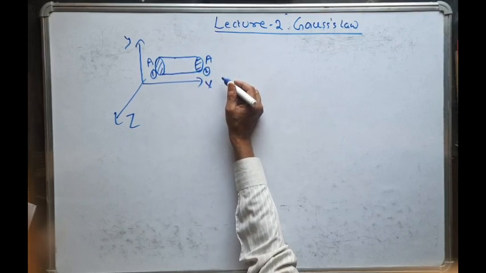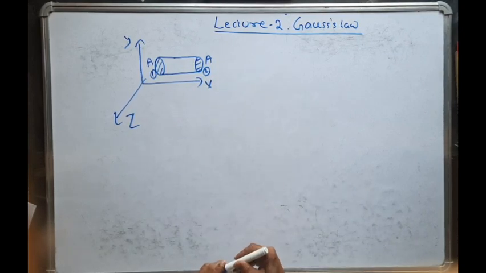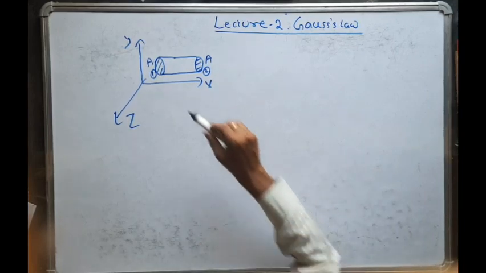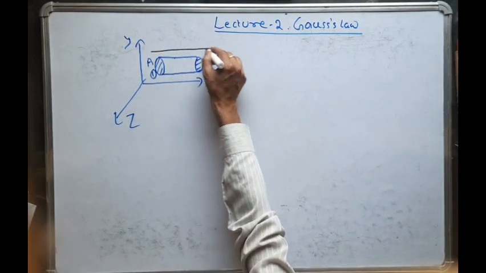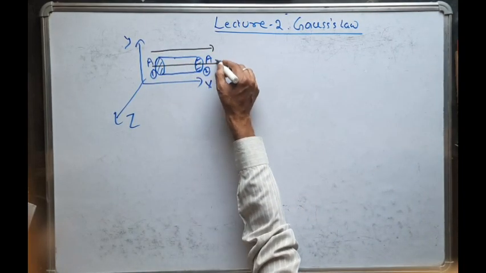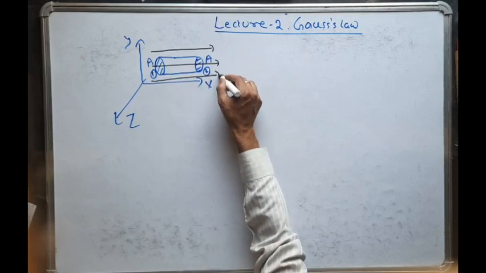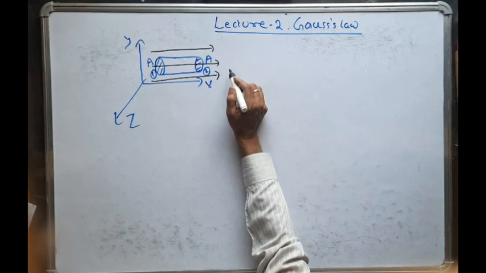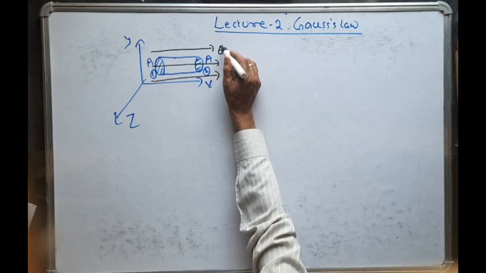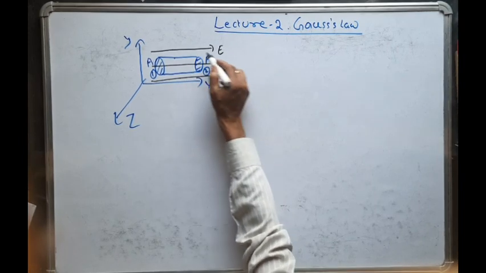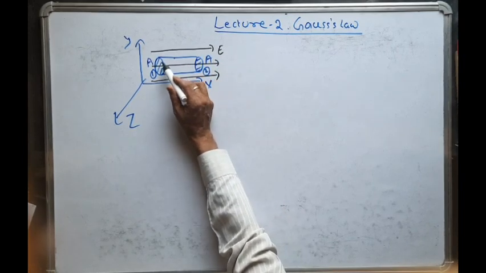Now we will find the electric field. Electric field is along the direction of what? Along the direction of the x-axis. And this cylinder is lying in which plane?